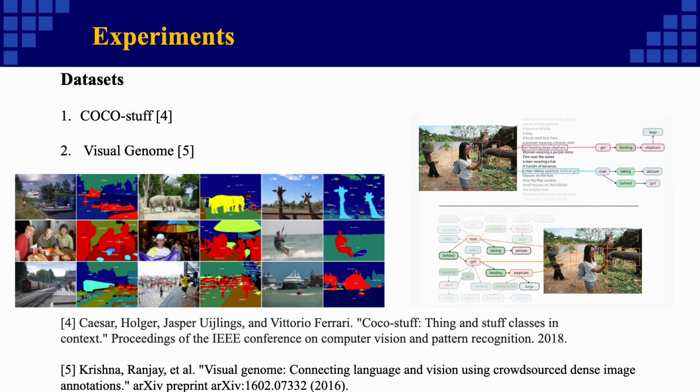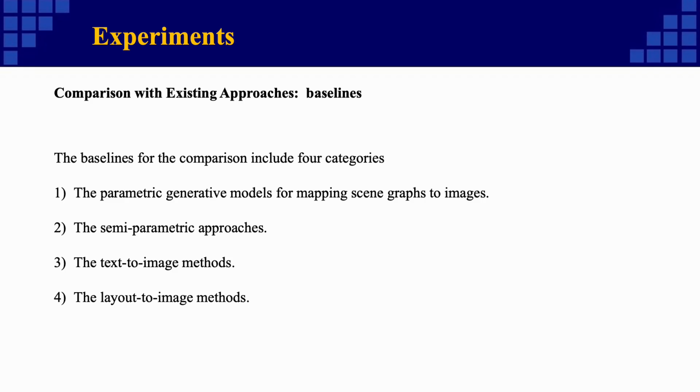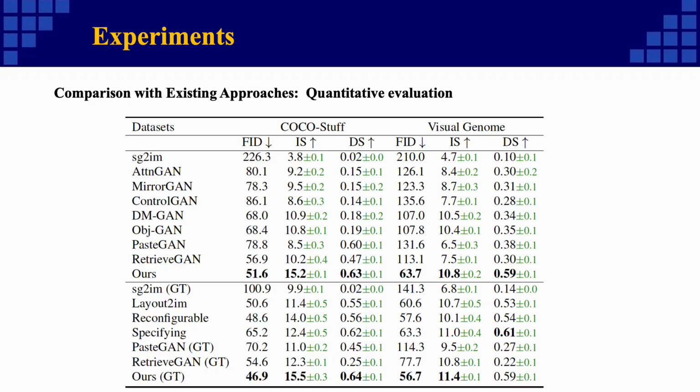We use CocoStuff and VG for experiments, since CocoStuff and VG datasets are standard benchmark datasets for evaluating scene graph to image generation models. We use 3 metrics including IS, FID, and DS. And there are 4 kinds of baselines. We conduct evaluation using 2 different settings.